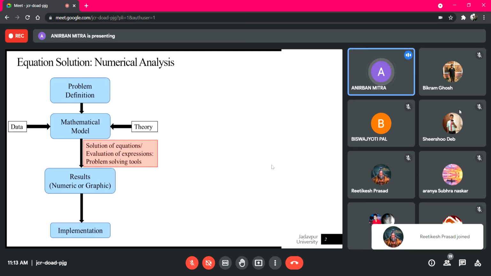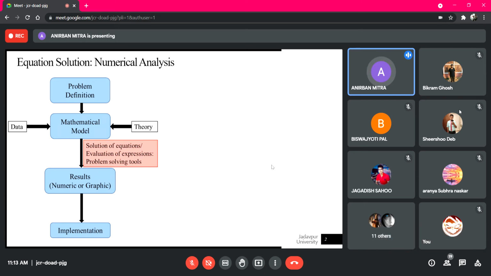Of course, depending on the nature of the equations, there can be various different classes of numerical techniques. There could be different classes of problems. As just now we mentioned, there could be algebraic equations or differential equations.